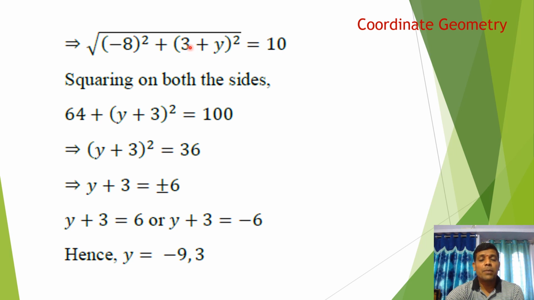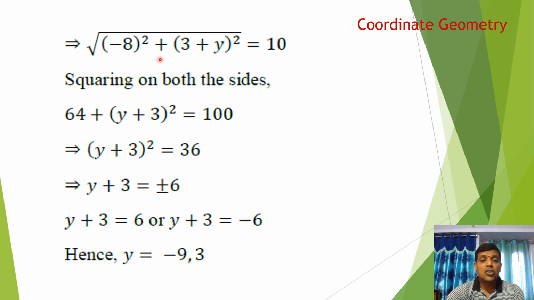Minus 3 minus y whole square or 3 plus y whole square, these two are the same, equal to 10. So root over minus 8 square, minus 8 into minus 8, is 64, plus 3 plus y whole square is equal to 10. Root over minus 8 square plus 3 plus y square is the LHS, 10 is the RHS.